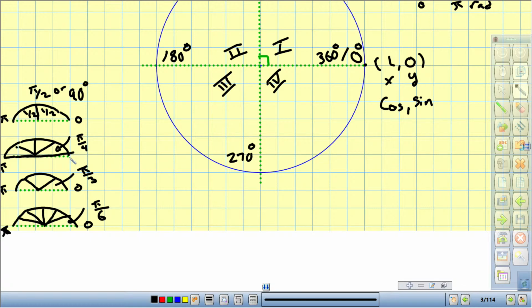How about pi over 4? You took the 180 and you divide that into 4 slices. How much would each slice be? How many degrees do you think? If this whole thing is 180 and I have it cut in 4 equal pieces, how much is each piece? A little bit bigger than that.